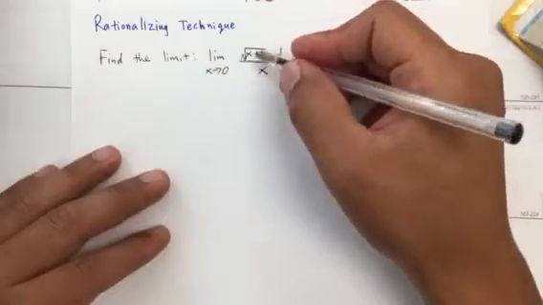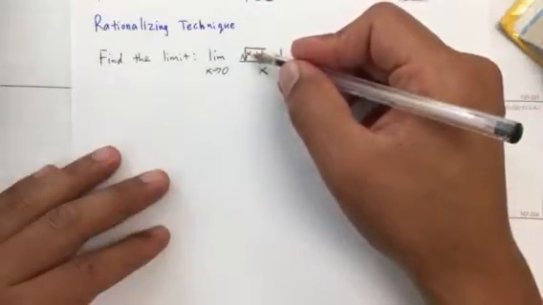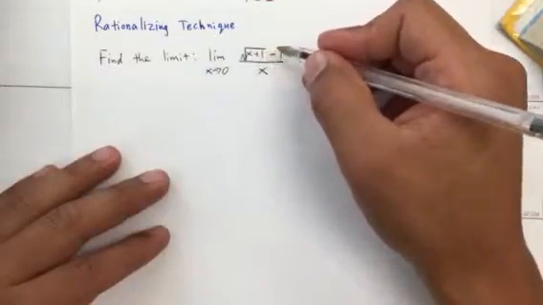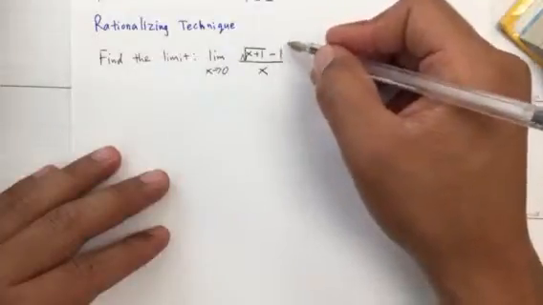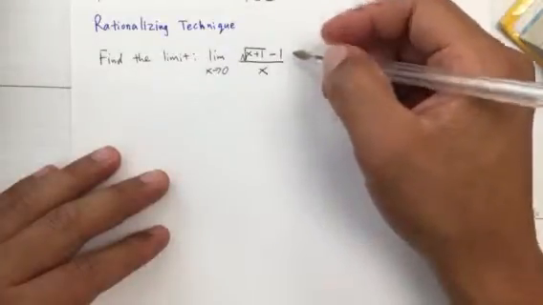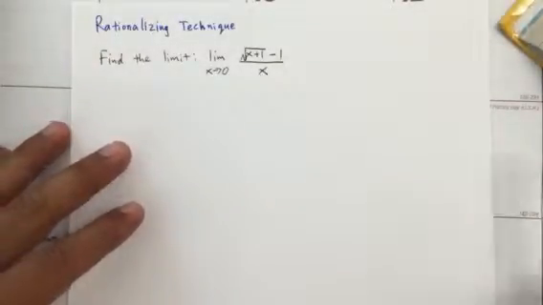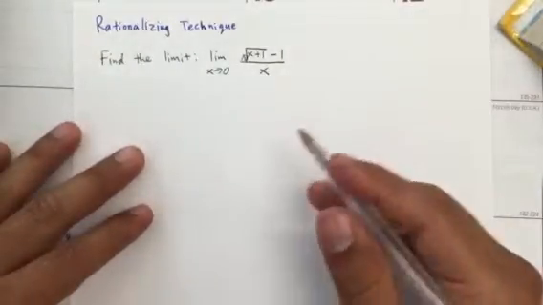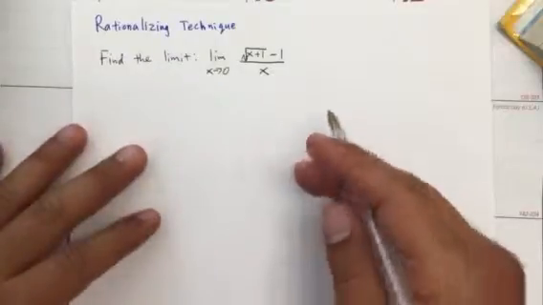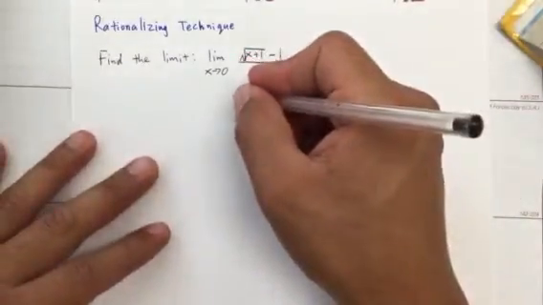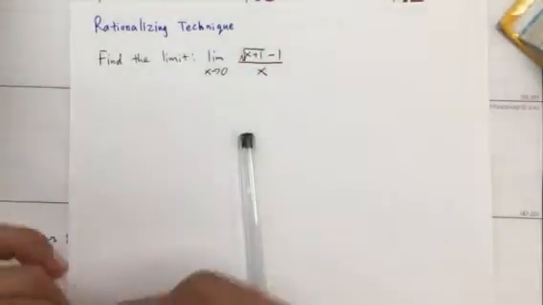What that means in this case is the square root of x plus 1 plus 1. That's what we're going to multiply both the numerator and the denominator by. We're going to start off by plugging in 0 just to show that direct substitution won't work. So for this problem, we plug in 0.